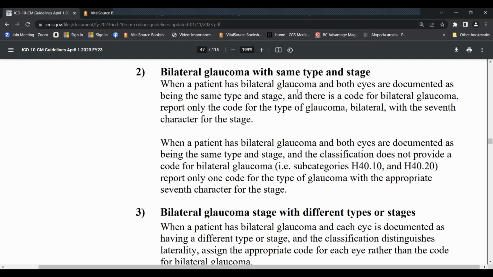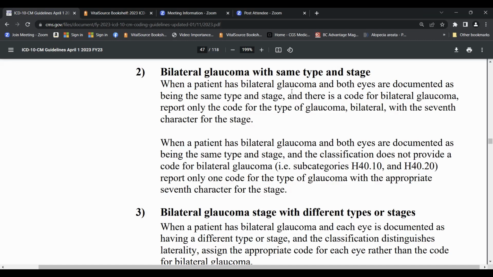When a patient has bilateral glaucoma and both eyes are documented as being the same type and stage, and there is a code for bilateral glaucoma, report only the code for the type of glaucoma, bilateral, with the 7th character for the stage. Okay?